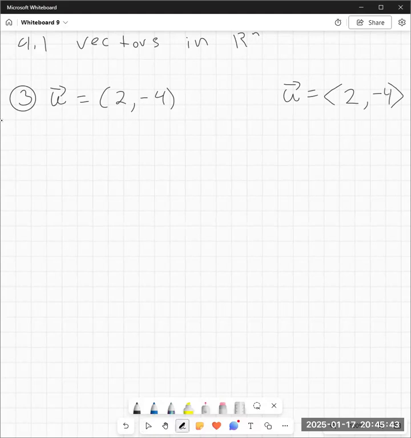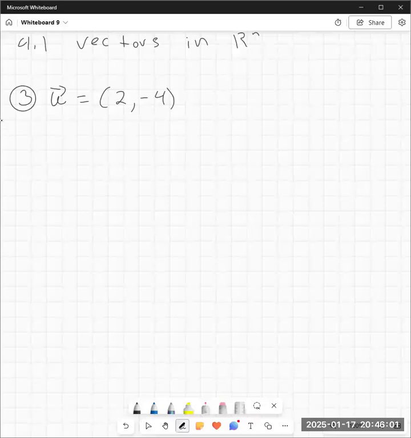We don't talk about ordered pairs in this class. Really, everything is matrices and vectors, so there's no confusion with using the parentheses. But if you're in a situation where you're talking about points and vectors, then you would probably want to use those angle brackets to denote your vector.